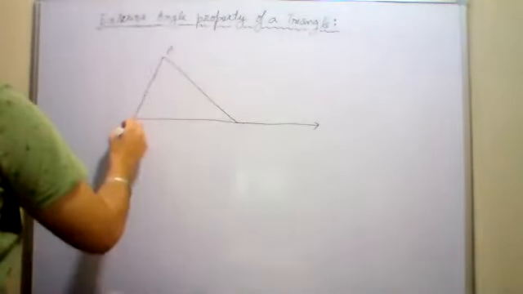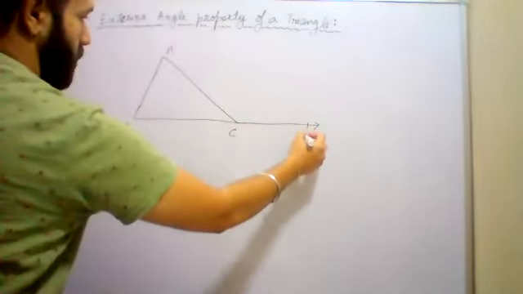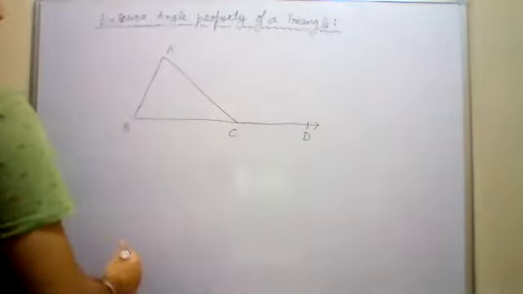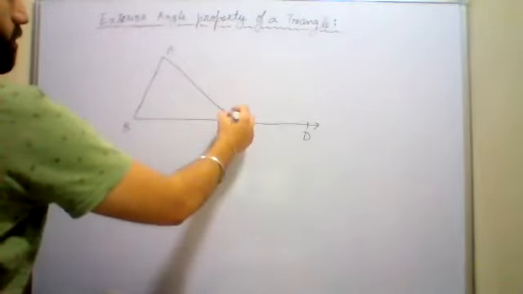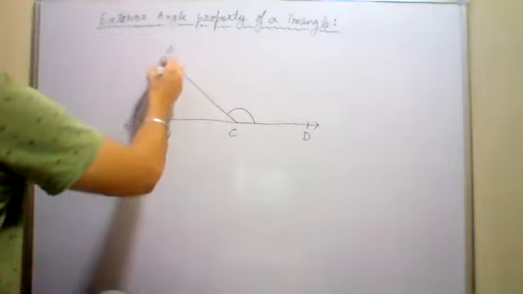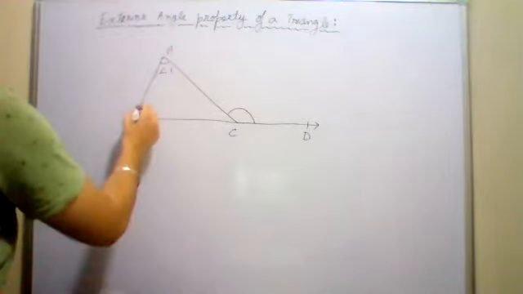ABC is a triangle and side BC is produced to point D. BC is produced and this is your exterior angle. You all know this now. Let us name angle A as angle 1.